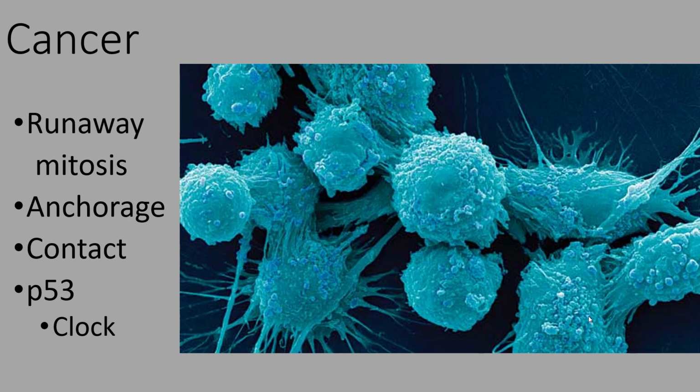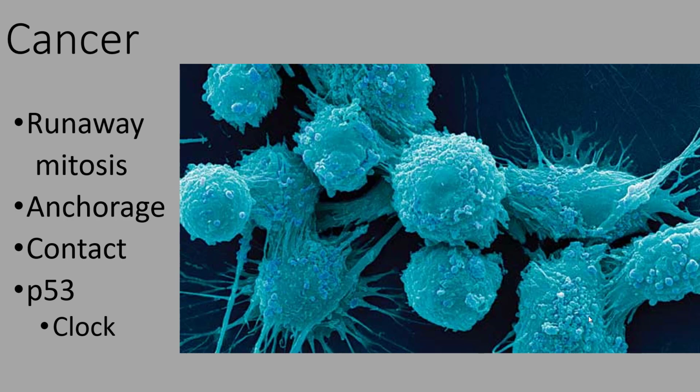Let's say you get a cut and damage some tissue. Well, cells on one side of the cut and cells on the other side of the cut are no longer touching their neighbors. So we need to fill in that gap by making more cells. As those cells divide and divide and divide and that cut closes up, now those cells know that they're touching their neighbors and we can turn cell division off.